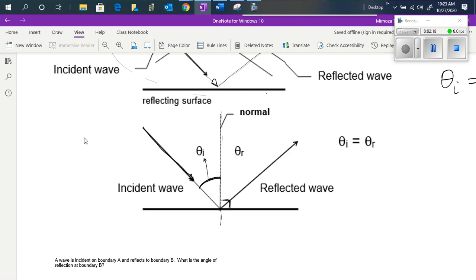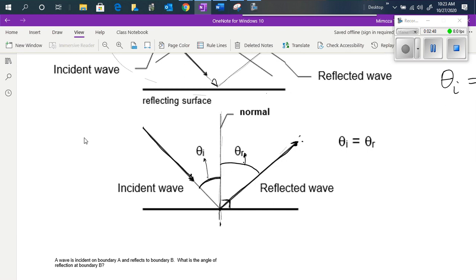And as it is reflected, the angle created between the direction of the reflected wave and the perpendicular to the surface is known as the reflected angle. The law of reflection states that the incident angle is equal to the reflected angle.